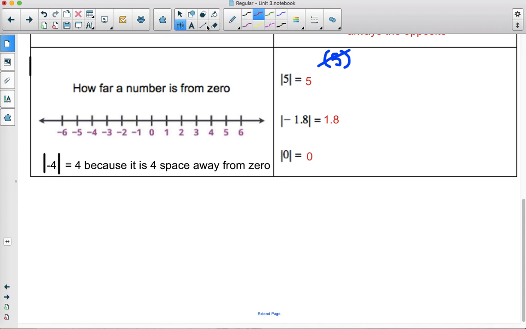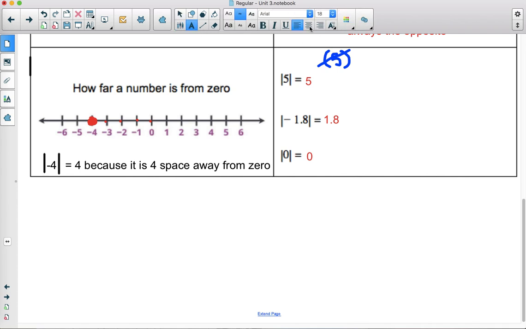So if I was to look at this number line, I'm right here on the number line, the -4. I'm just simply counting how many spaces am I going to have to move to get to 0. So 1, 2, 3, 4. So the answer is 4.